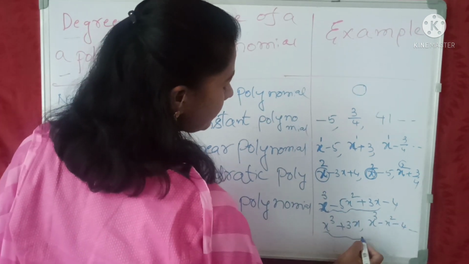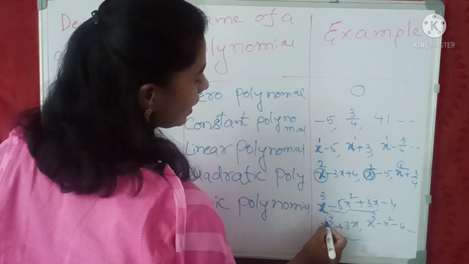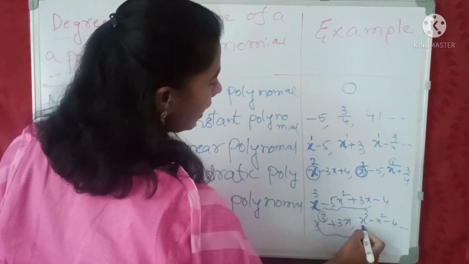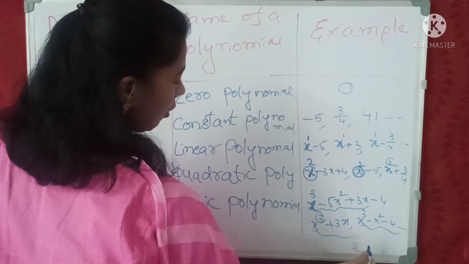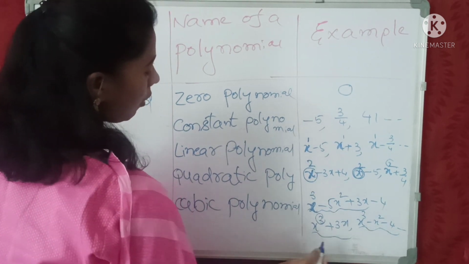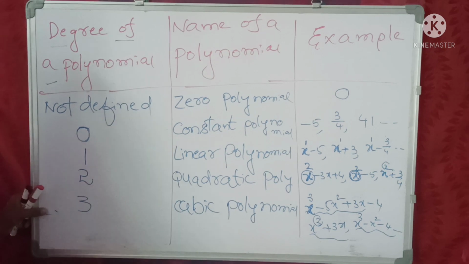In this polynomial also, the highest power is 3, so the degree is 3. And in this polynomial also, the highest power is 3, so the degree is 3. So these polynomials are called cubic polynomials.